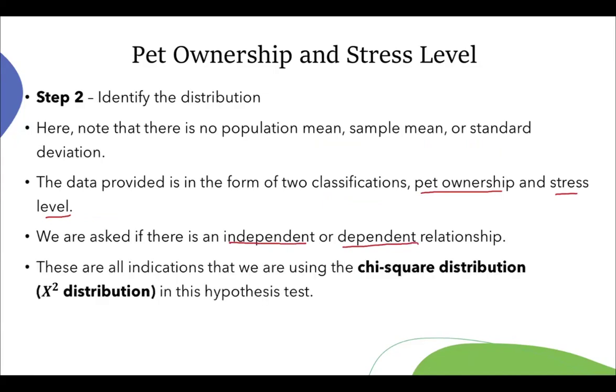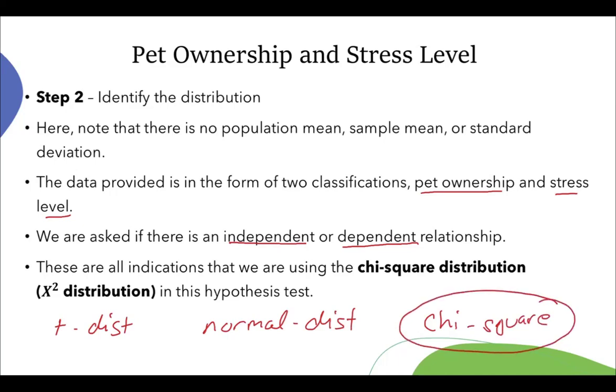These are all indications that we are using the chi-square distribution in this hypothesis test. So when asked if you're using the t-distribution, the normal distribution, or the chi-square distribution, like you will be on the final, you will be asked this. You're going to choose the chi-square distribution.